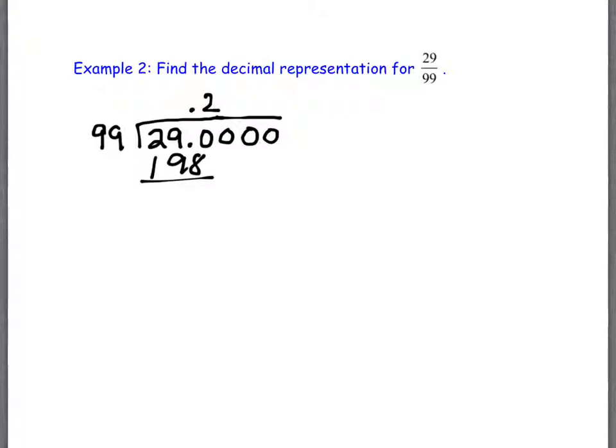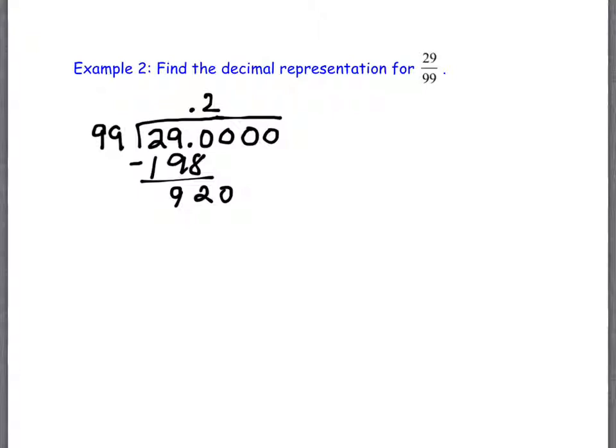And if I subtract 290 minus 198, what do I get? We will get a 2. What else will we get in front of the 2? A 9? Is that right? 92. Okay, so the 92, which is less than 99, and then I'll pull down my next 0.